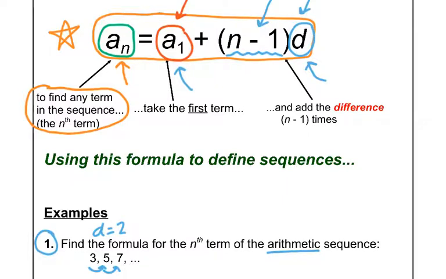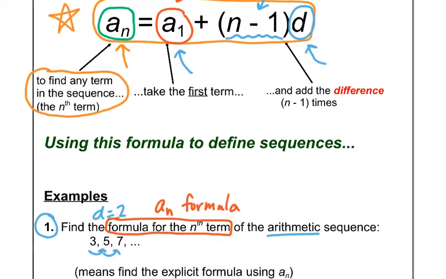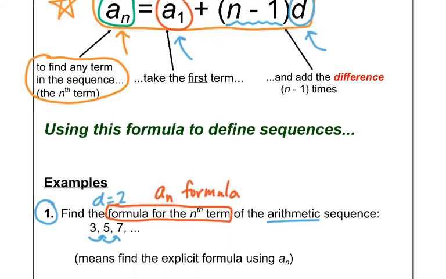Now these words here, the formula for the nth term, is just a fancy phrase, just meaning can you find the a sub n formula up above on the top of the page for this sequence? What's the a sub n formula for this sequence here? 3, 5, and 7. It's also sometimes called the explicit formula using a sub n.